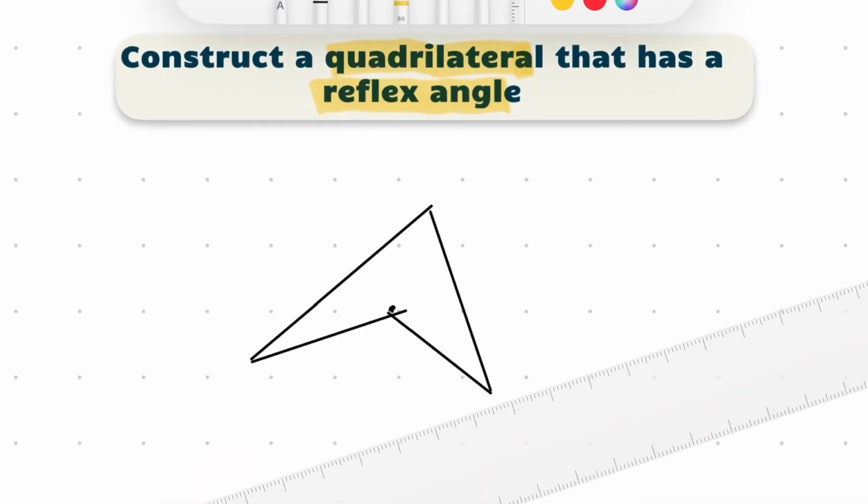So here, we have our reflex angle taking place over here. And notice how all the other angles are acute, meaning that they are less than 90 degrees. So this satisfies the condition because it has 4 sides and it has one angle that is greater than 180 but less than 360 degrees.